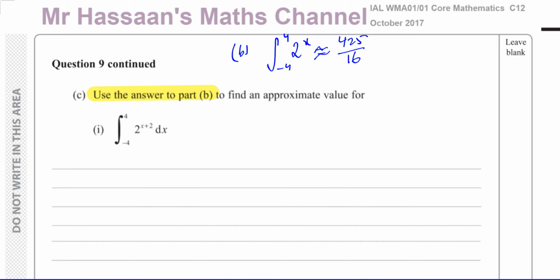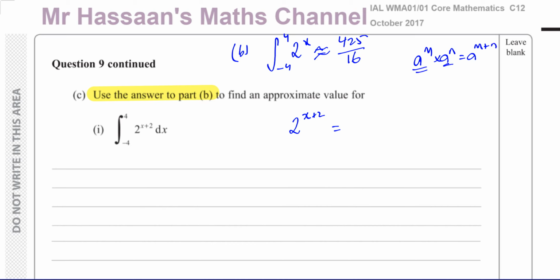Now, what they don't intend for you to do is to use the trapezium rule all over again. That's not what they want you to do. They want you to express 2 to the power of x plus 2 in terms of 2 to the power of x. Now, that's quite easily done if we know the rule of indices. If we think backwards, we know that when we multiply 2 numbers in index form, we end up with the same base, but the powers added.